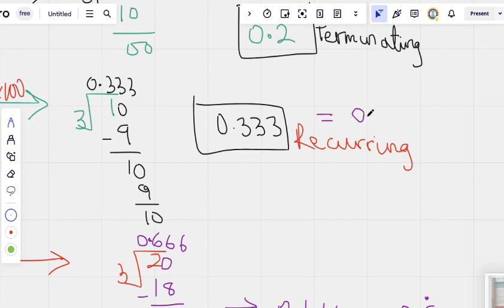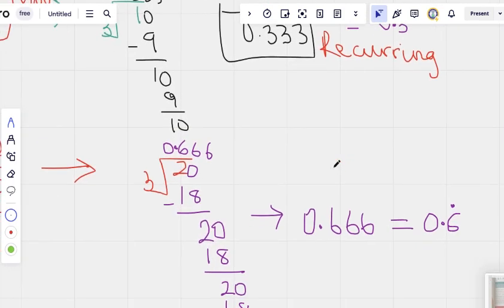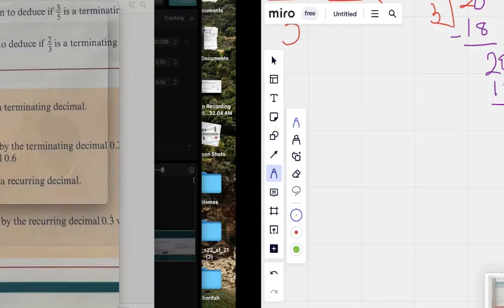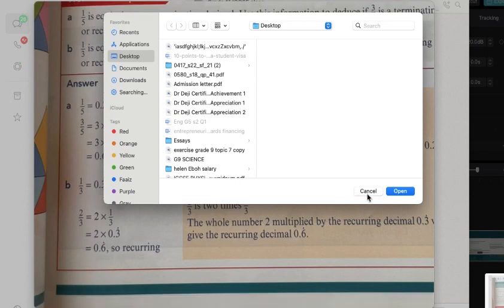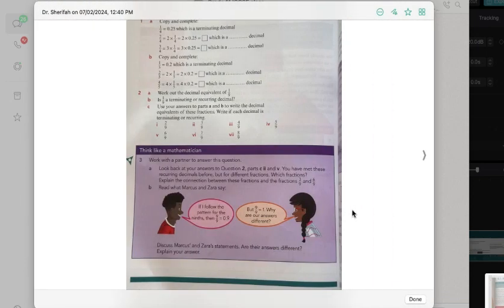Because it's a recurring decimal, we put a dot on top of the 3. But the one that terminates, we don't need to put a dot on top of it. We need to bring clarity of purpose to this. Is that okay? So that's that for this one. Let's see what we have next.